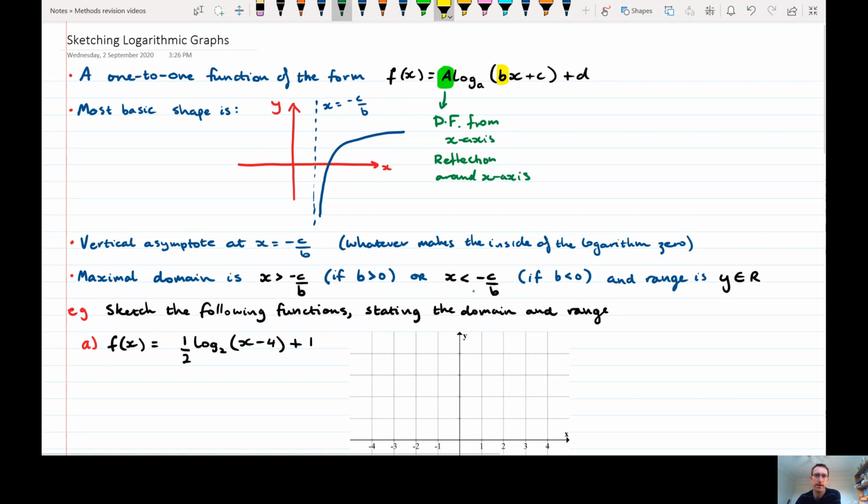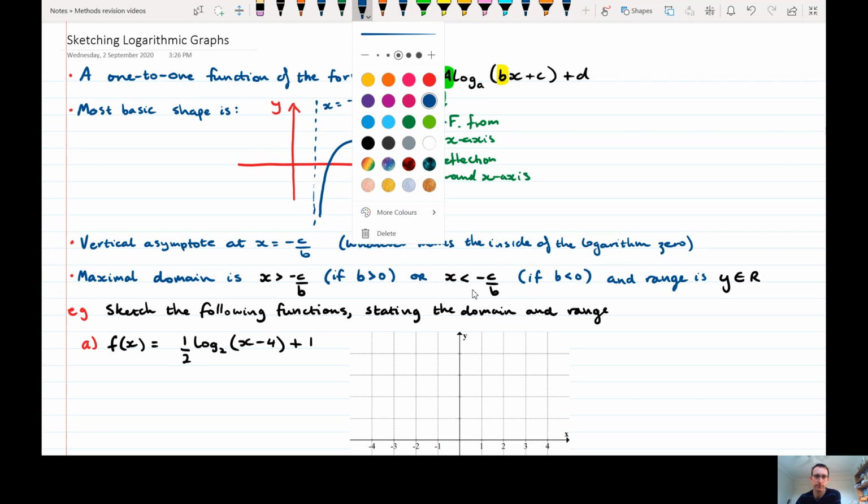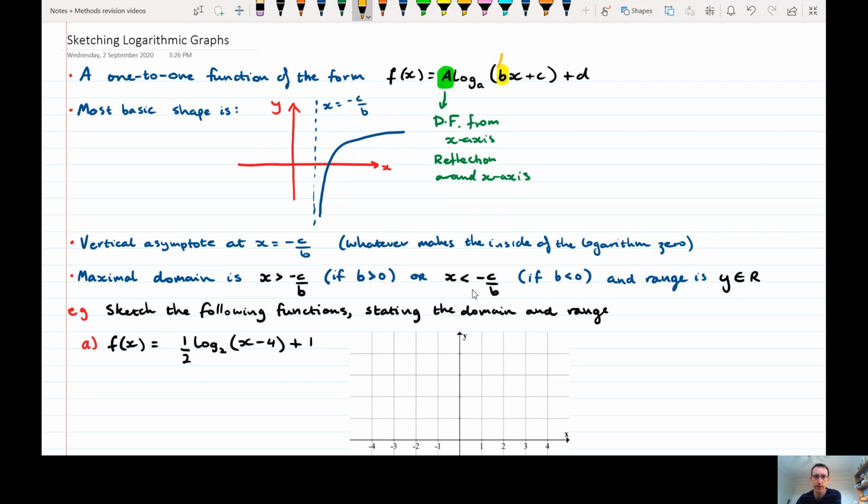This value of b is a dilation factor of 1 over b from the y-axis, and it will give you a reflection around or about the y-axis. So the y-axis becomes a mirror for it.